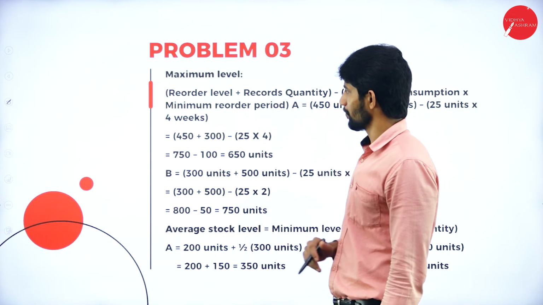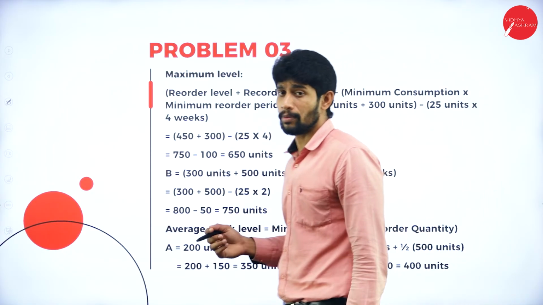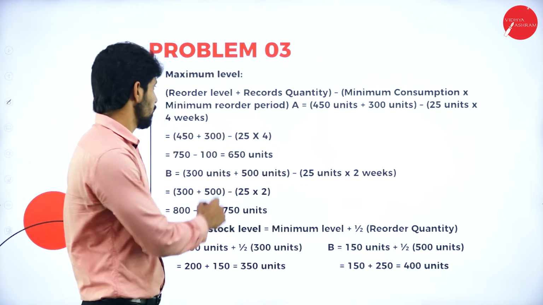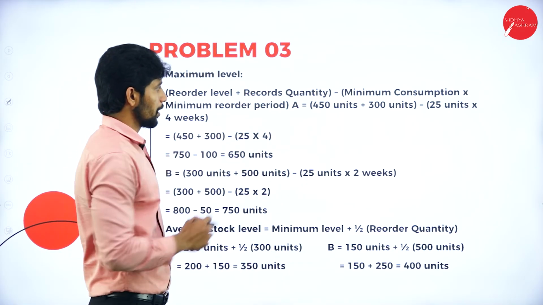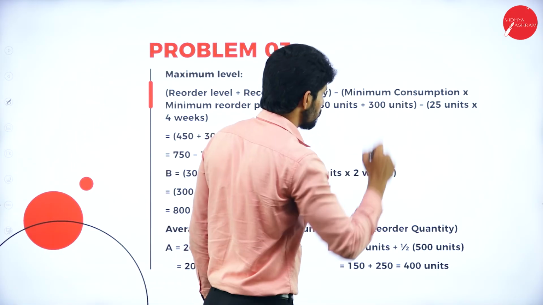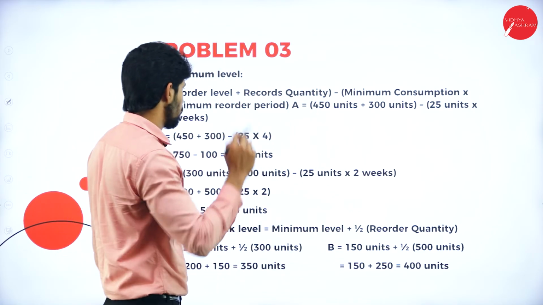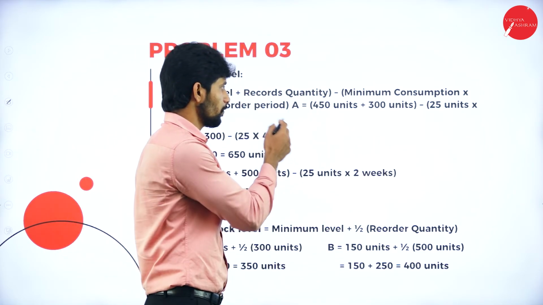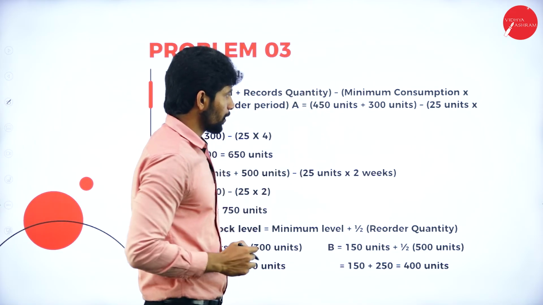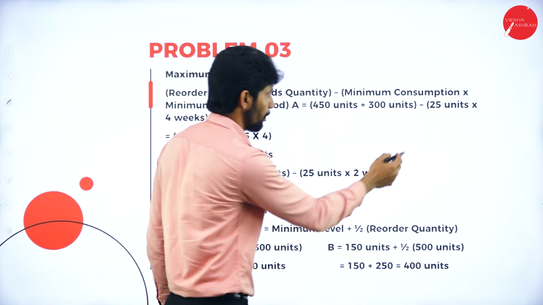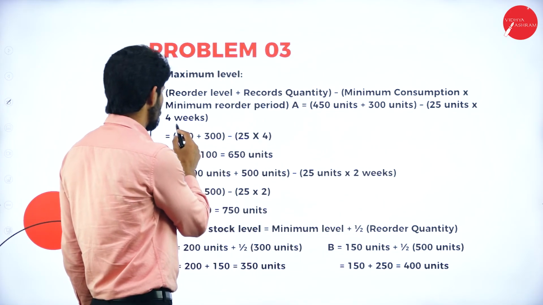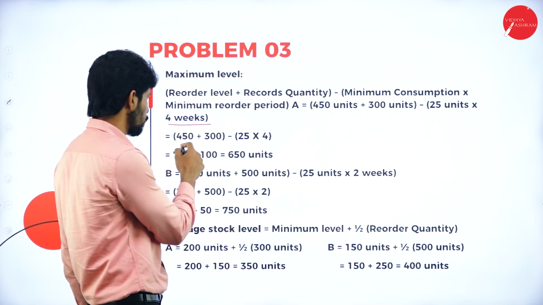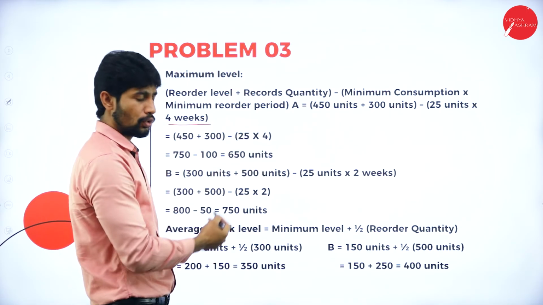Next, maximum level. What is the maximum level formula? Reorder level plus reorder quantity minus minimum consumption into minimum reorder period. So for component A, 450 units plus 300 units minus 25 units into 4 weeks. So 450 plus 300 minus 25 into 4.